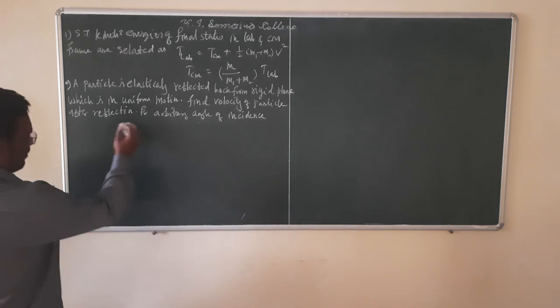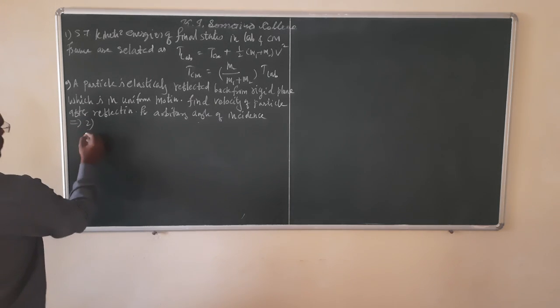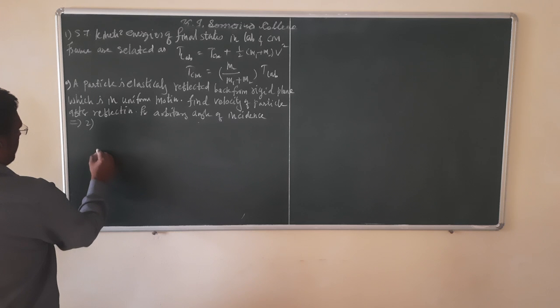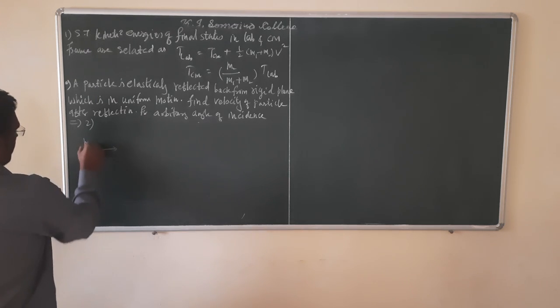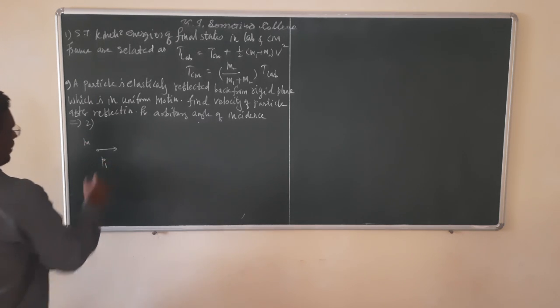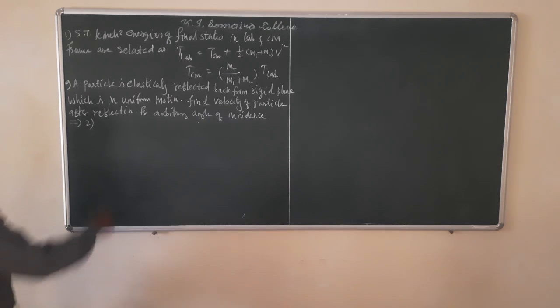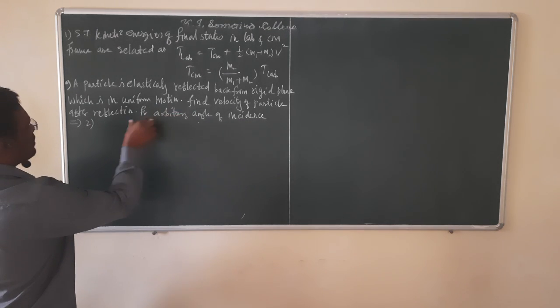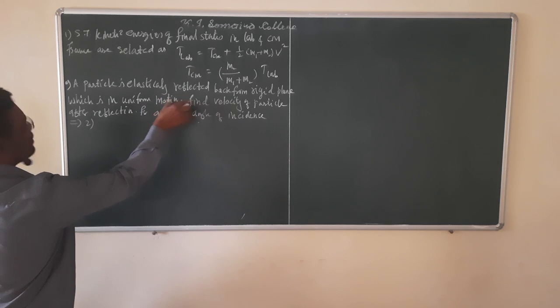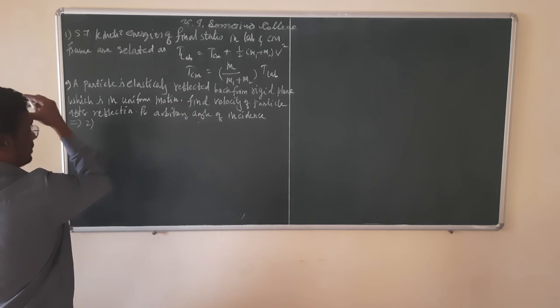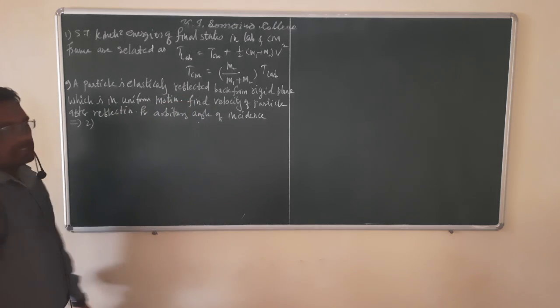Now, the solution of problem number 2, diagrammatically. The particle has mass m, and p1 is the initial momentum of that particle, for an arbitrary angle of incidence.